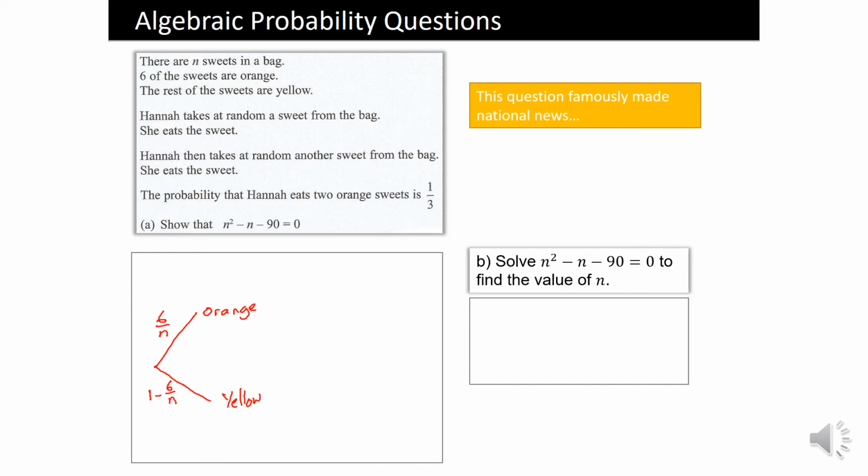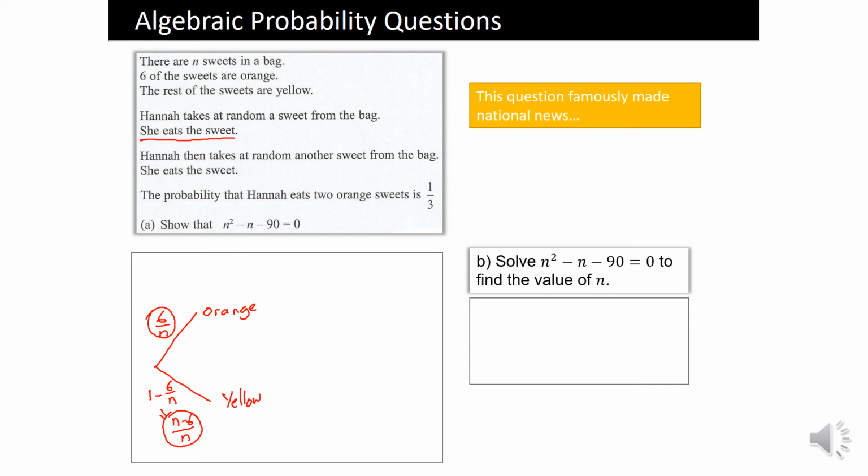The other way we could write this would be n minus 6 over n, because we've got 6 sweets that are orange, which means we've got n minus 6 which are yellow, and it's out of n. So n minus 6 over n is our probability of getting yellow, 6 over n is our probability of getting orange. Okay, so then Hannah has eaten the sweet.